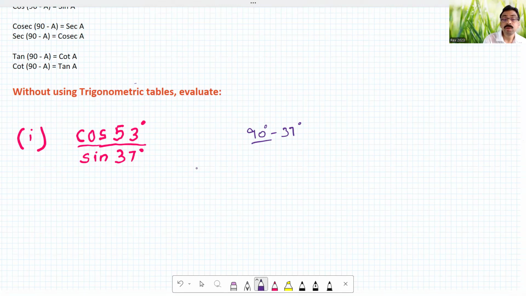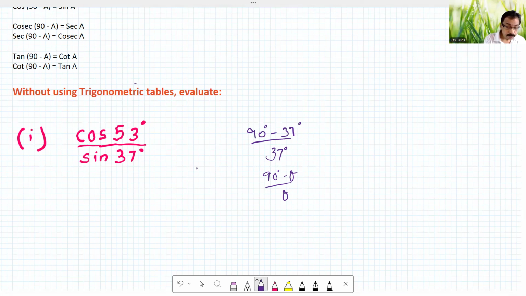In the denominator, we already have a 37, which means this 37 is your theta, and this becomes 90 minus theta divided by theta format. So that's the approach that we're going to use for all these 3, right?